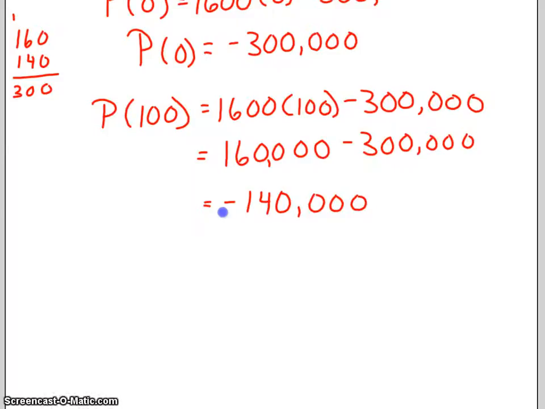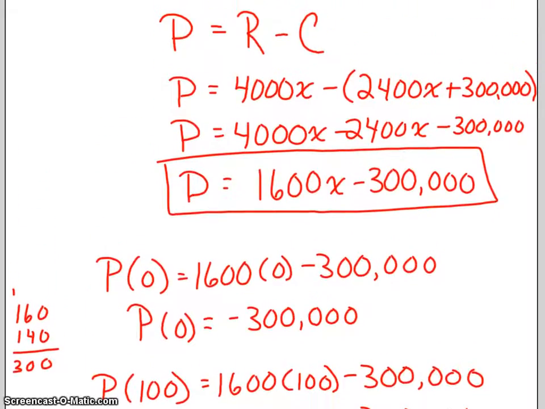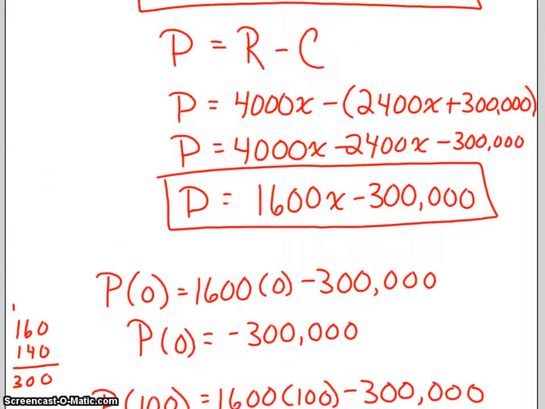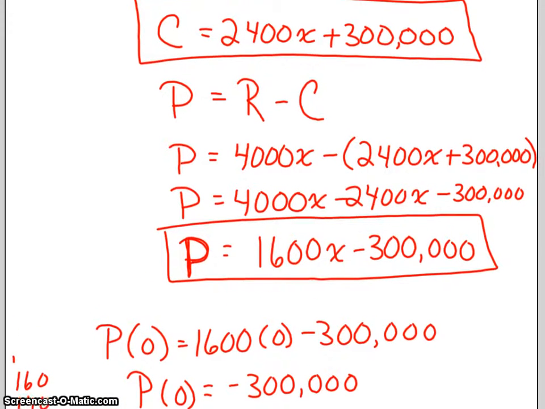So it's okay to have a profit expression like we do here, where P equals 1,600x minus 300,000. That's fine to have a minus in there. Everybody thinks profit should be all pluses. But no, remember, if you don't make any items, you don't make any profit.